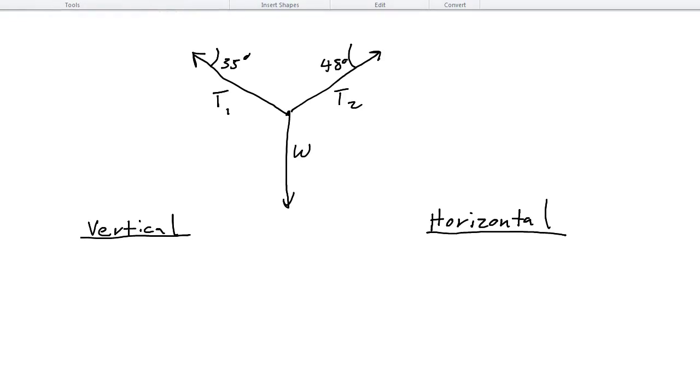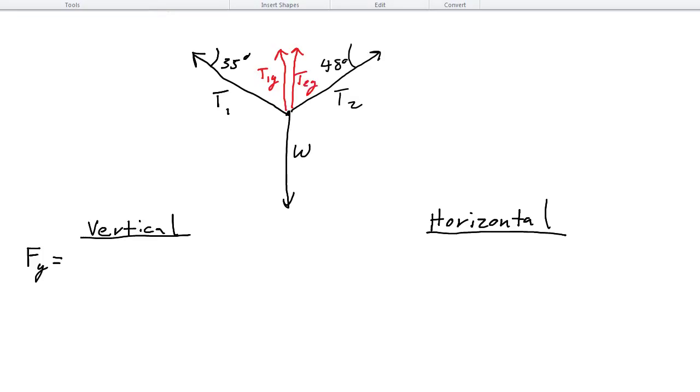And so for the forces in the y direction, we know that there are vector components of tension. So this tension 1 has a vertical component of force that points straight up. Call that one T1y. And this T2 also has a vertical force component that points straight up. We'll call that T2y.